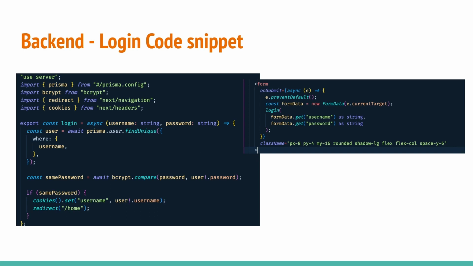Then bcrypt is going to check if the inputted password matches the password of that user in the database. If the passwords are the same, a cookie will be set, and that user will be redirected to the home page.